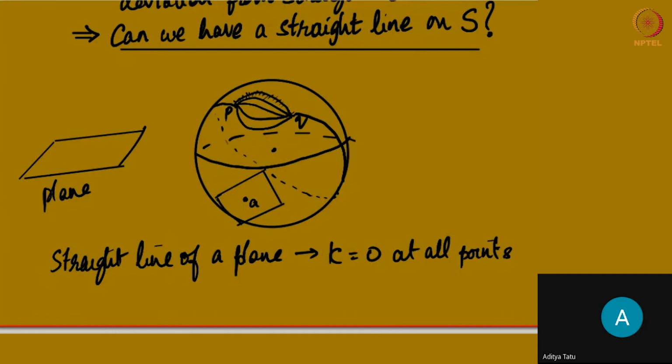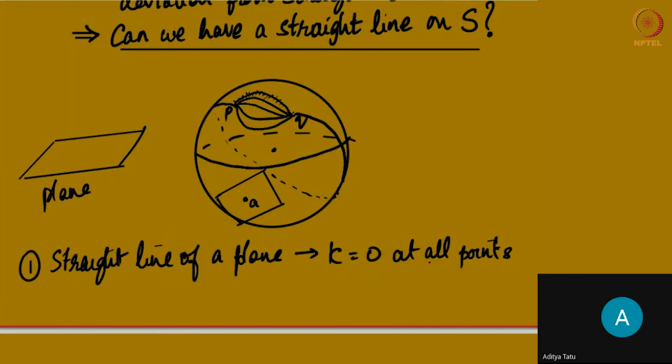So can we apply the same definition over here, like the shortest path between 2 points? If that is taken on any surface, that would be a straight line. Thank you. What's your name? Ishan. Ishan, right. So that's another property, right? A straight line on a plane has two properties. One, curvature has to be 0, right?